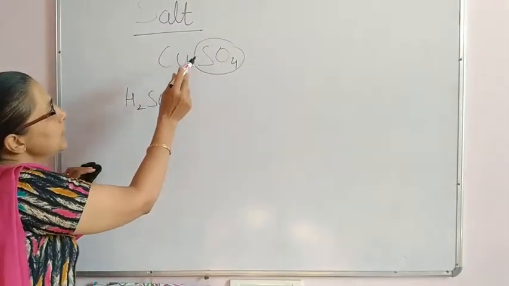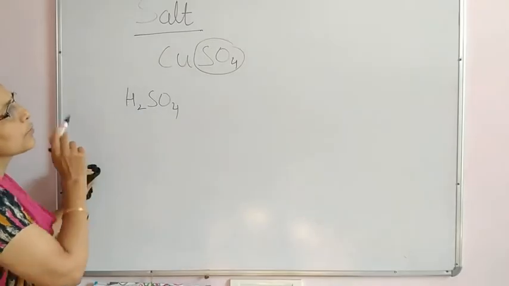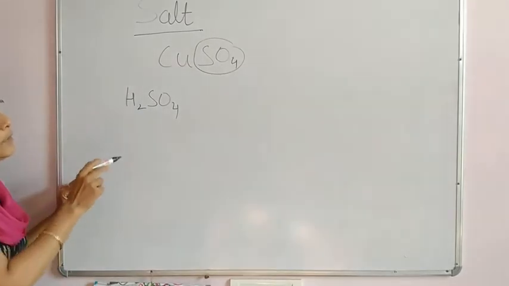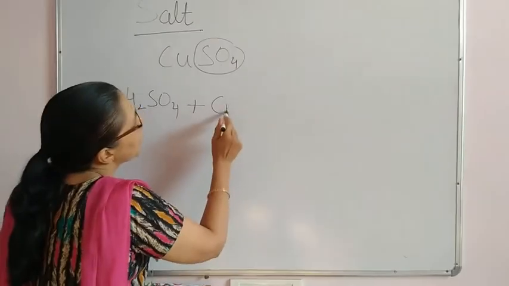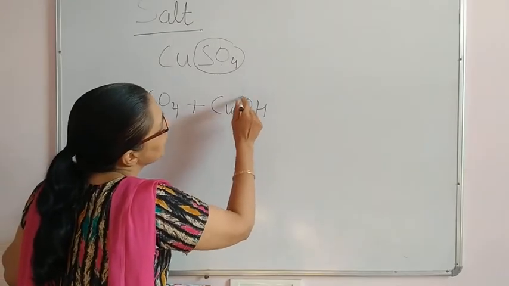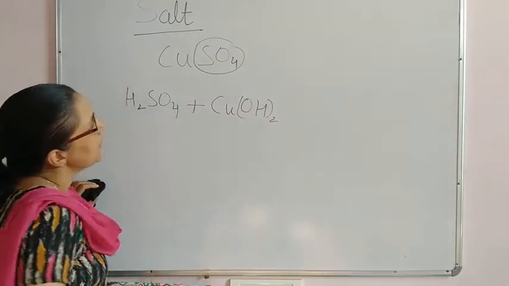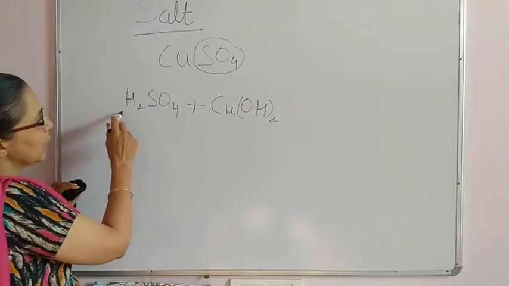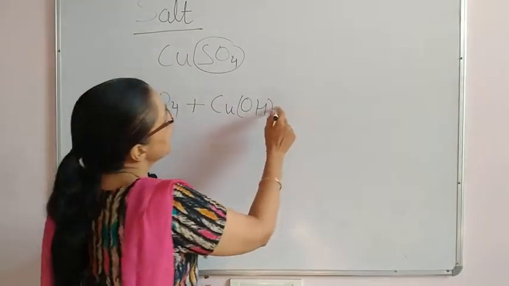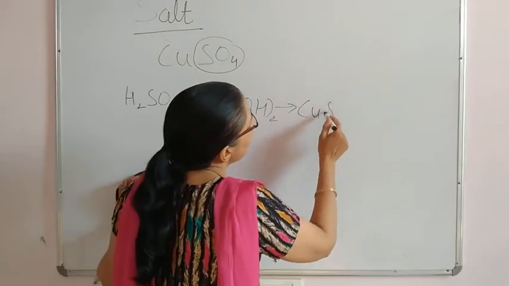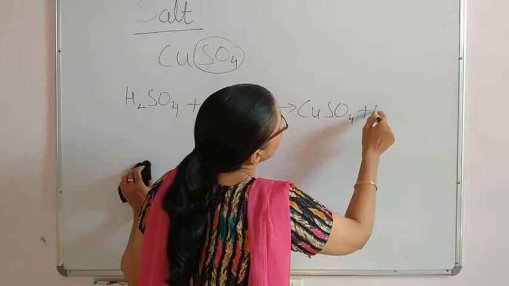Just when the sulfate ion is attached with the hydrogen ion, there will be formation of acid. And with the copper, add OH minus by keeping the valencies in your mind. Then definitely you can understand that by this reaction you can get copper sulfate and water.